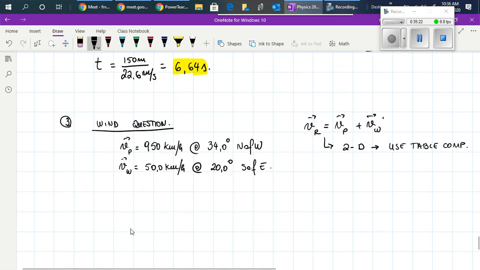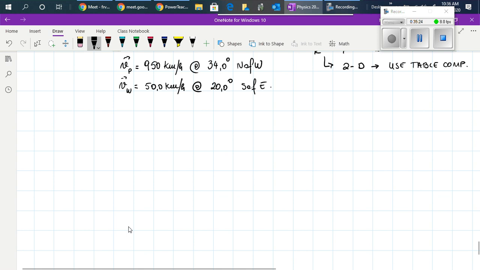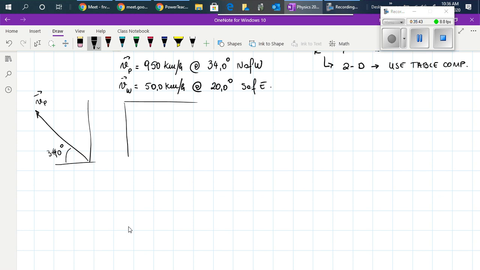So on the first case we have a vector between north and west that goes like this, with a 34-degree angle with the west axis. On the second case, we have something between south and east, and the angle is with the east axis. So this is 50, this is 150.